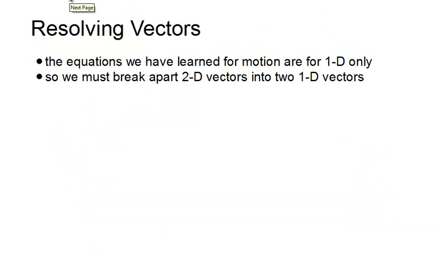Everything we've learned so far, our constant velocity relationship and our constant acceleration relationships, have only applied for one-dimensional motion.